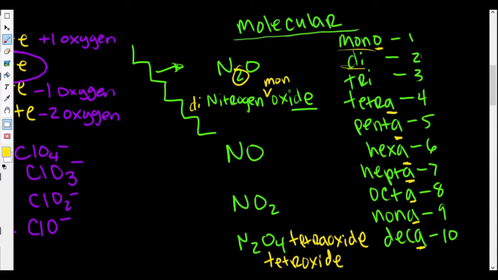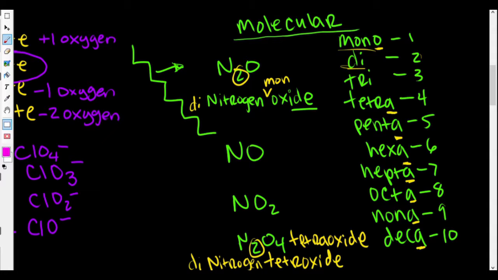It'll become a little more intuitive as you keep naming stuff. But since I jumped all the way down to here, again, we're going to use nitrogen. And how many nitrogen do we have? 2. So we have dinitrogen tetroxide. That just sounds super weird.